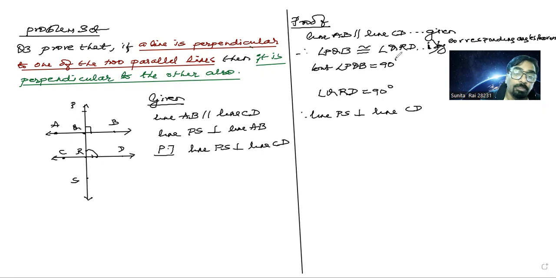This is statement number two. This is given. What is PQB congruent to? QRD. But PQB is 90. So can I say that QRD is 90 degrees, from 1 and 2? Hello children, did you understand something? And if QRD is 90, I can say line PS is perpendicular to line CD. That is what we had to prove.